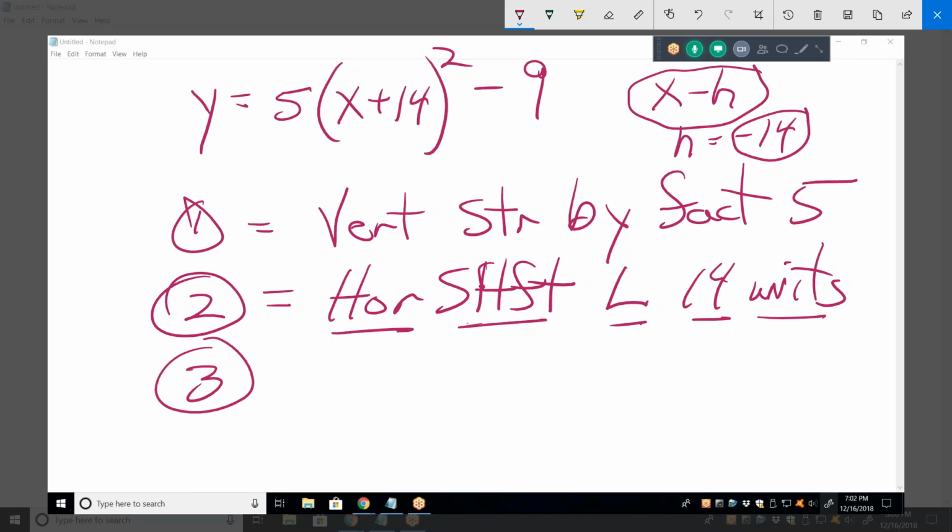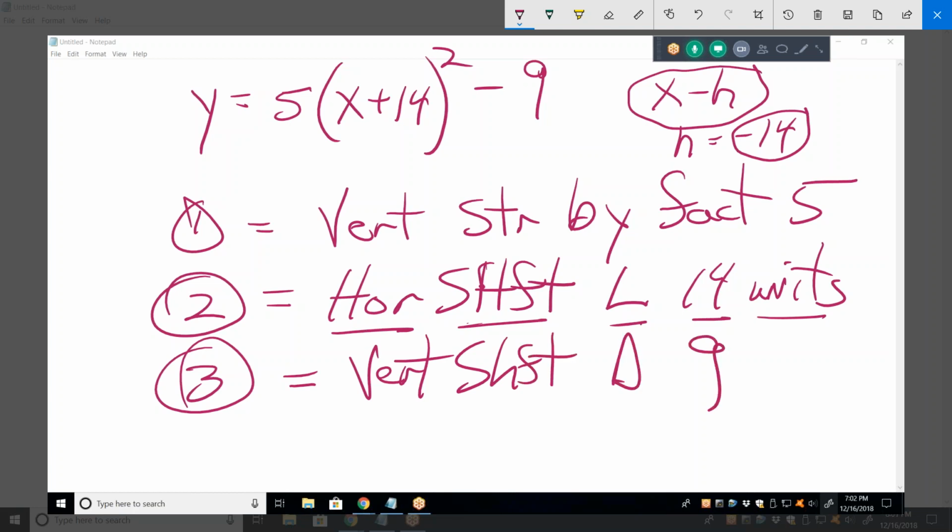What's the last thing going on? Minus 9. You've got to state horizontal or vertical. So it's vertical. You've got to state up or down. So it's a vertical shift down by 9. Probably get away with that.